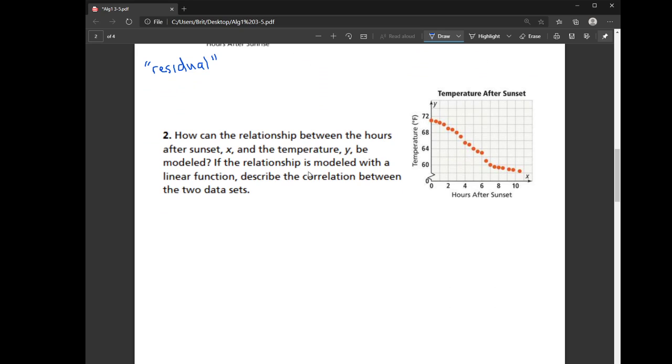Alright, so then here on the second part of the example, I could still draw my trend line here, roughly. Alright, so we can model this with a straight line, can't we? Because it's almost making a straight line. So we would model this with a linear function.